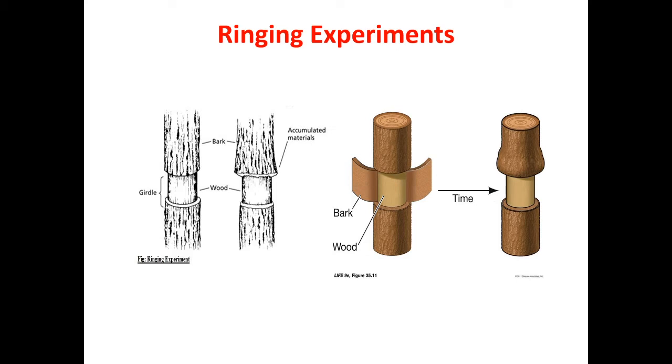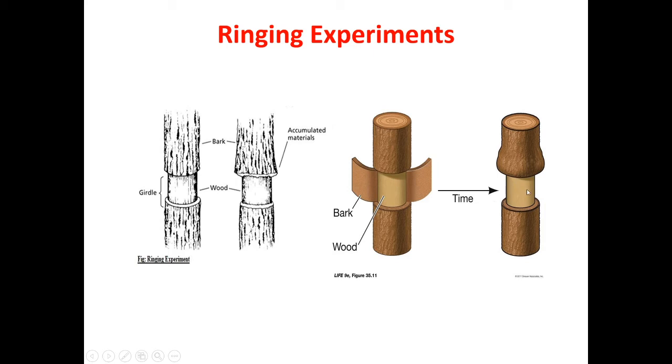For now, in these ringing experiments, the ringing of a phloem breaks the downward movement of the organic solutes. All the organic solutes which are formed at the source, that is at the canopy or green parts of the plant, transport to different parts. In the same way, they transport towards the roots, towards the stem.